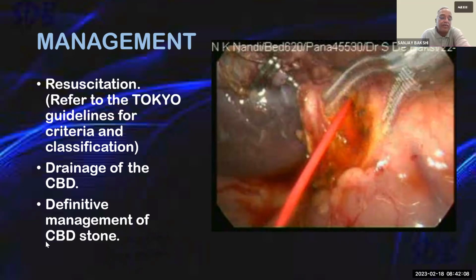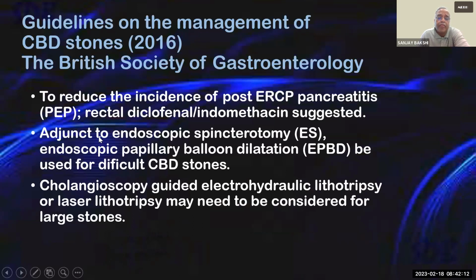Okay. So if I give you the guidelines of the British Society of Gastroenterology, to reduce the incidence of post-ERCP pancreatitis, rectal diclofenac or indomethacin is given. An adjunct to endoscopic sphincterotomy is balloon dilatation. Cholangioscopy-guided electrohydraulic lithotripsy and laser lithotripsy may be needed.